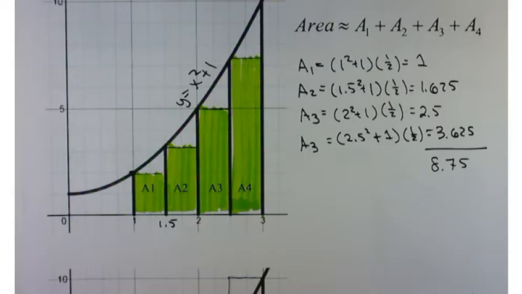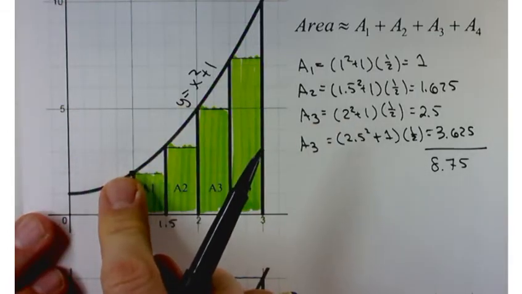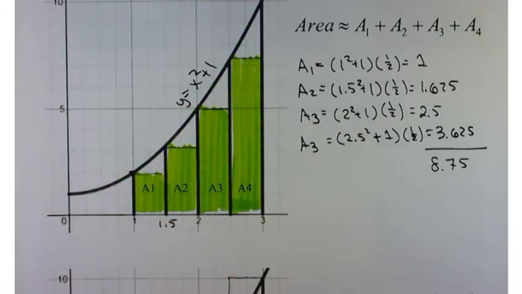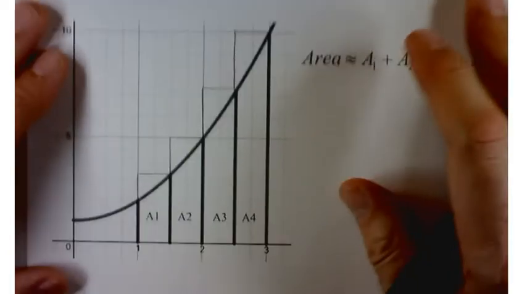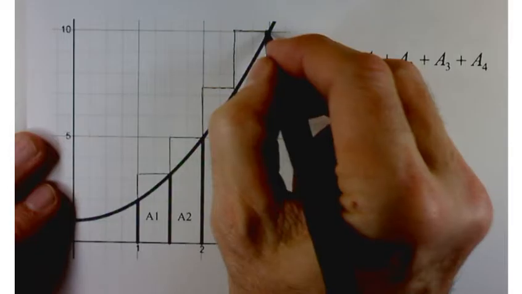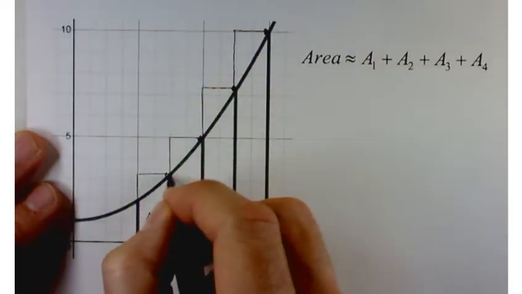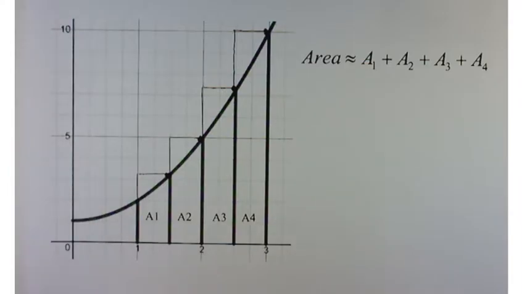All right. So what if we switch things up? What if instead of using the left-hand endpoint, we use the right-hand endpoint? We could do that. So that would look a little different. So here, this time, we're going to estimate the height of our rectangles using the right-hand endpoint. By the way, if you want, I've got rulers up front here. Feel free to borrow one.